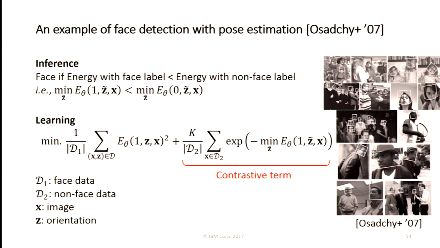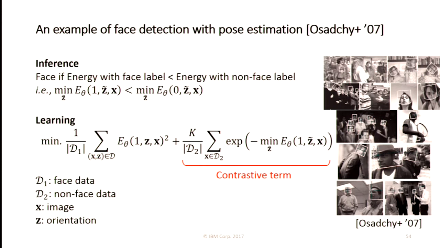Given an image X, we say that the image X is face, which is 1, if this quantity, the energy with face label, is smaller than the energy with non-face label, like this.